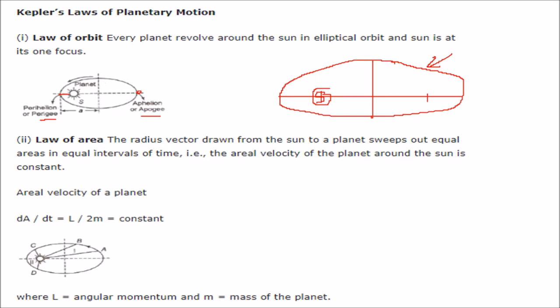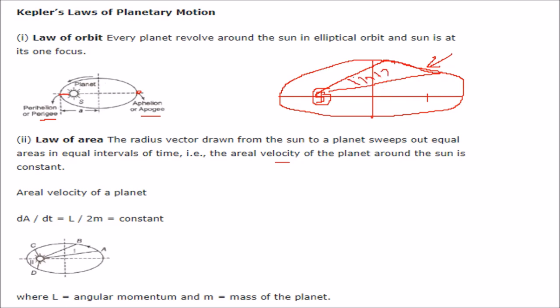Then another Kepler law, which is the law of area. The radius vector drawn from the sun to the planet will sweep equal areas in equal intervals of time. This means the areal velocity of the planet around the sun is constant. If in time t it moves from this point to this point, this is the area.